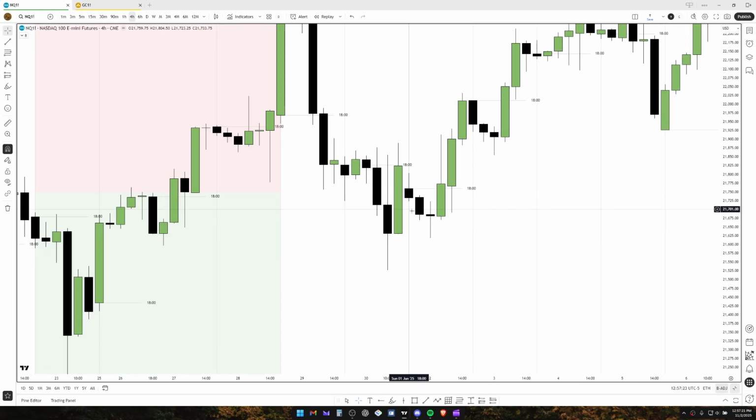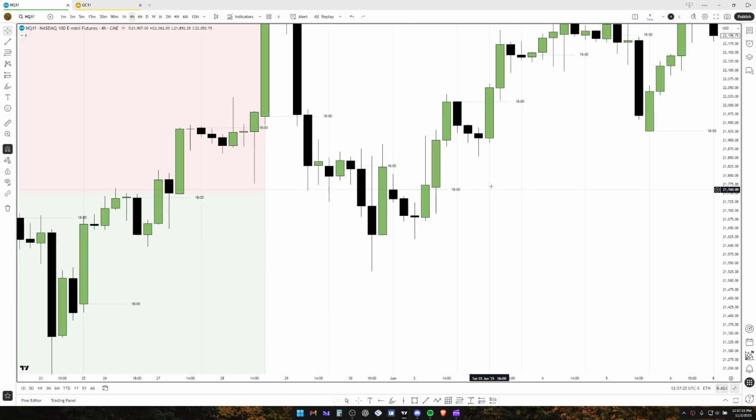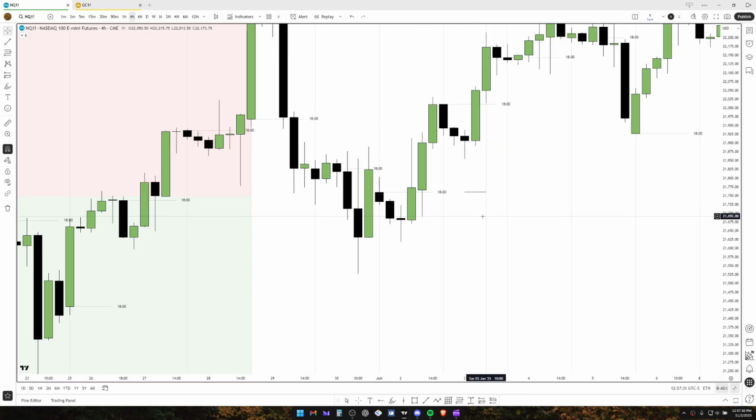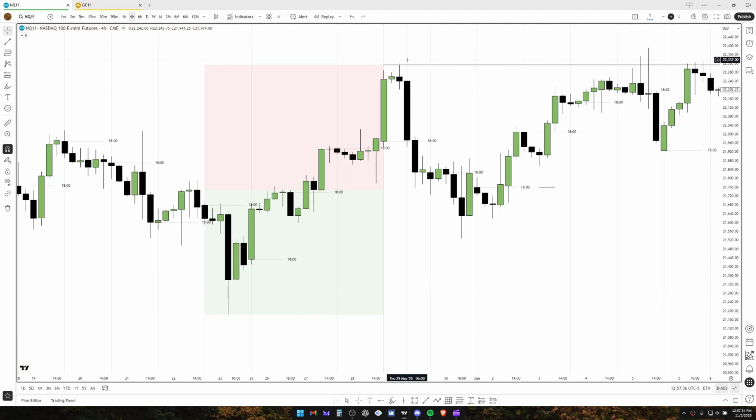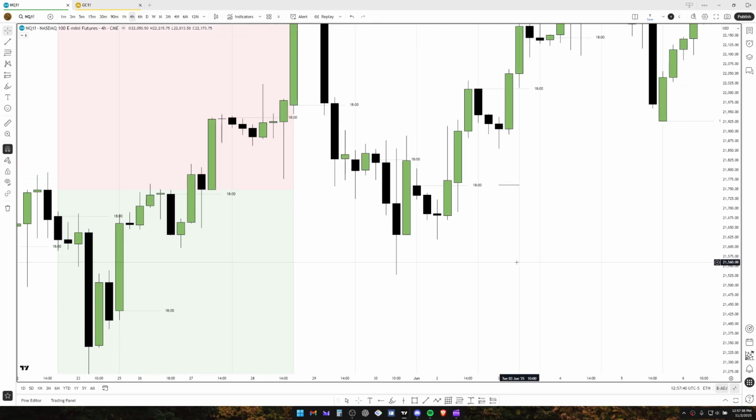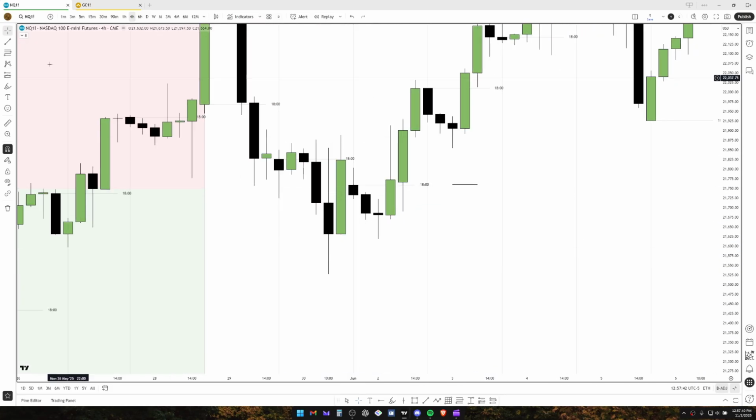So you see how we're creating that daily candle. We have the open of the daily candle here, right? Our narrative is that we're below 50% off of the range that we've isolated on the daily. We're in discount. We've created that open.